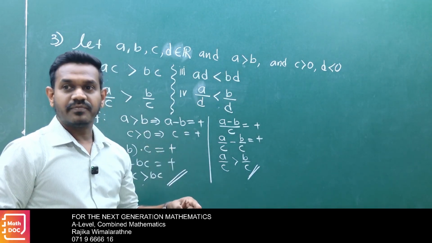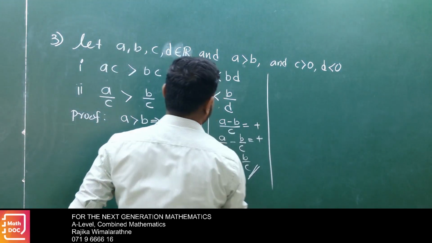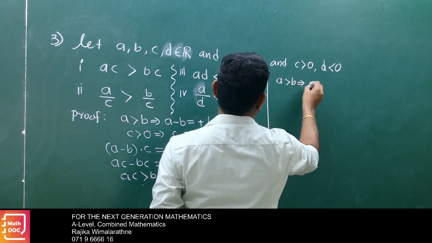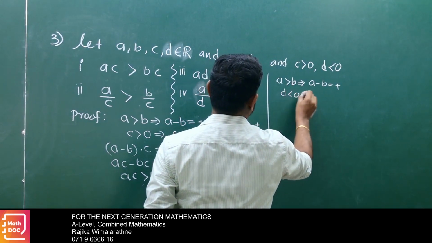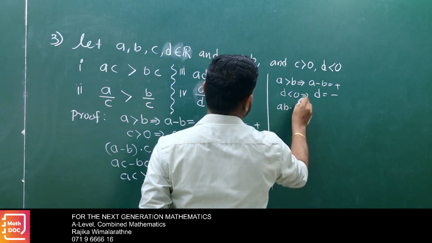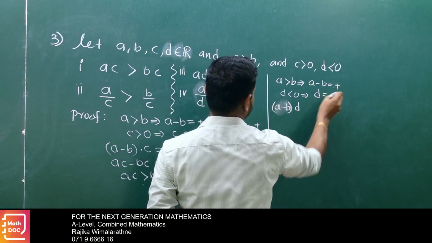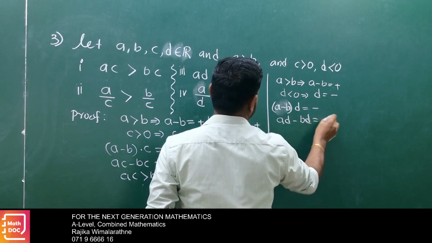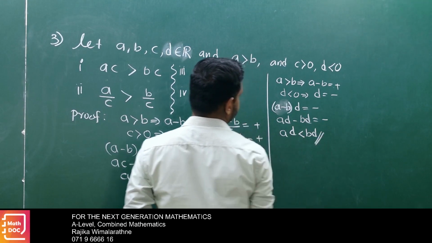So when you multiply by a negative value, we have to reverse the sign, no? Okay. Then we can do this proof as well. A greater than B, idea: A minus B positive. D less than 0, idea: D negative. Then A minus B times D, positive into negative, negative. Then AD minus BD negative, then AD less than BD. Okay.